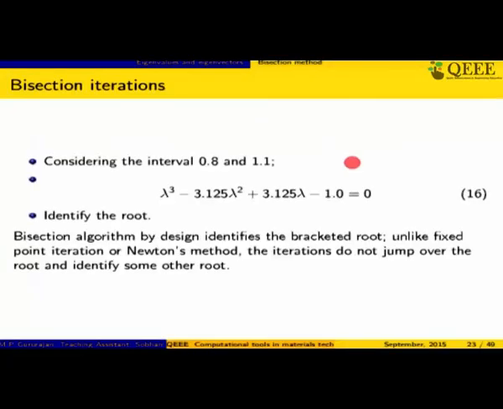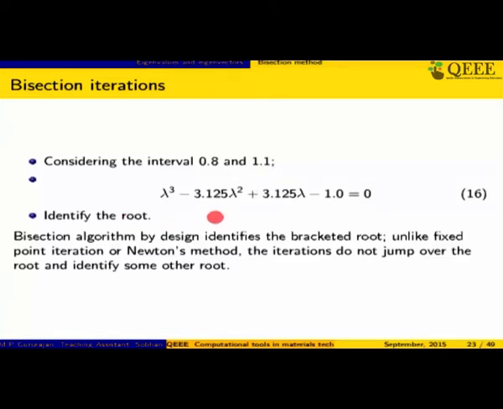Let us take the polynomial lambda cube minus 3.125 lambda square plus 3.125 lambda minus 1 equal to 0. This is the polynomial for which we are trying to find the eigenvalues. Now I'll choose the value of A as 0.8 and the value of B as 1.1, and you can identify the root.